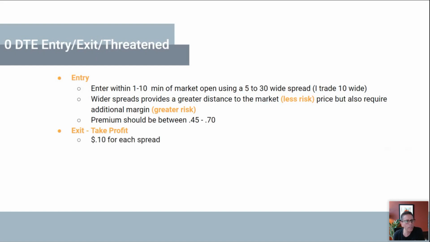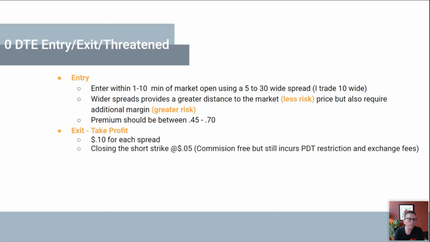Take profit. You can do that. I do that at 10 cents at times. But with the group I have, I try to let it go to expiration, just to not incur day trading processes. Okay, so you can also close the short strike.